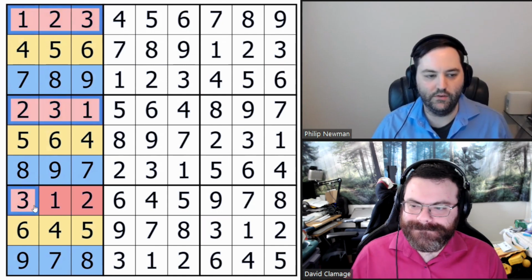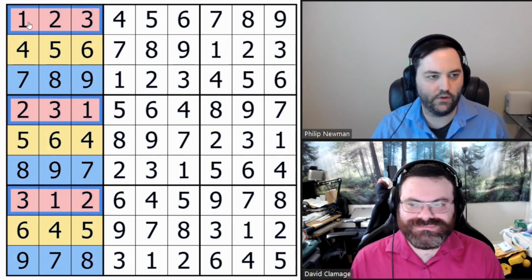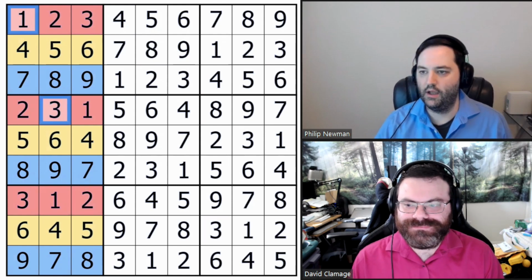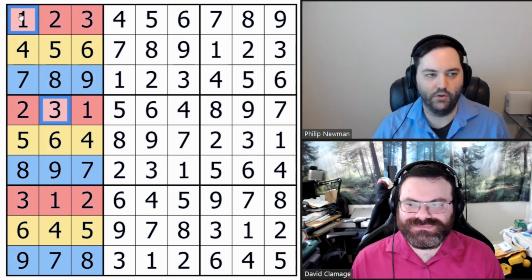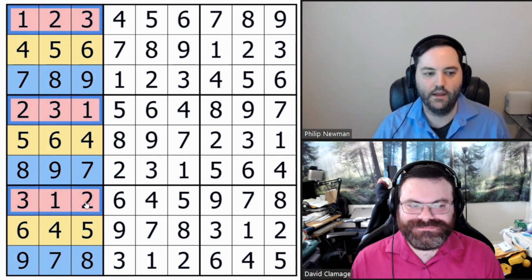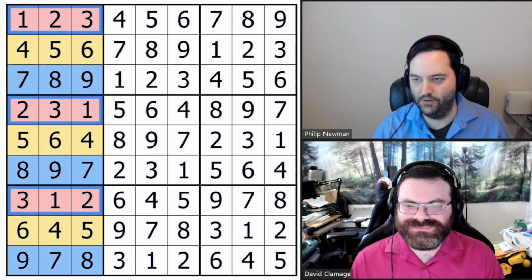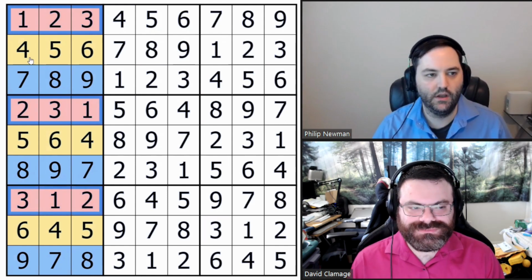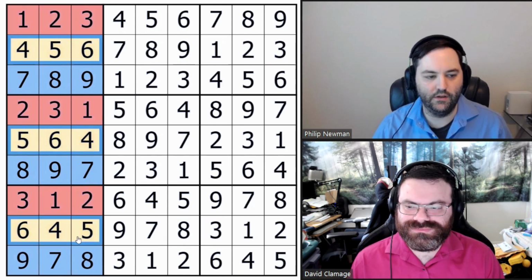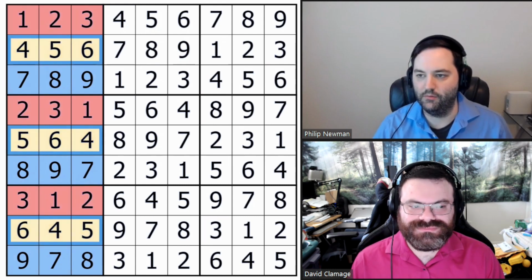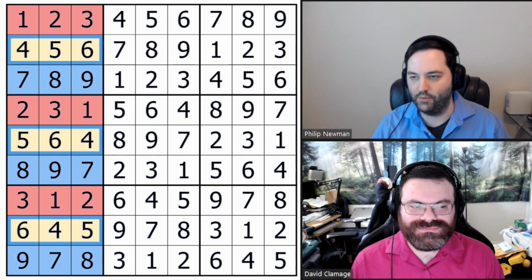By placing 2 givens in red, say, if I place the 1 here and the 3 here, I guarantee I'm disambiguating red. Right. If the rest of the puzzle is filled in. Right. And if I put 2 digits in yellow, I'm guaranteeing that I'm disambiguating yellow if the rest of the puzzle is filled.